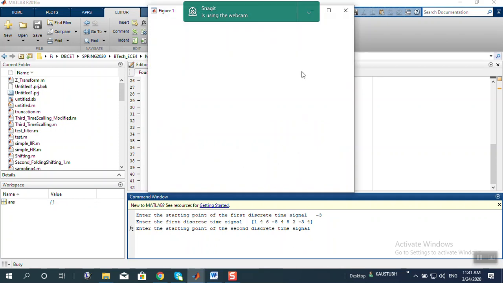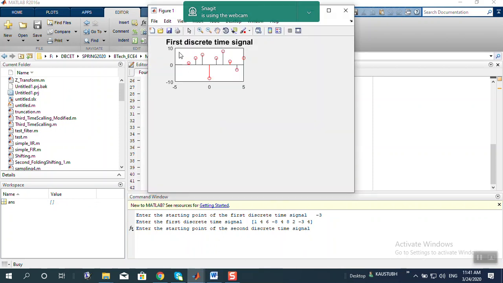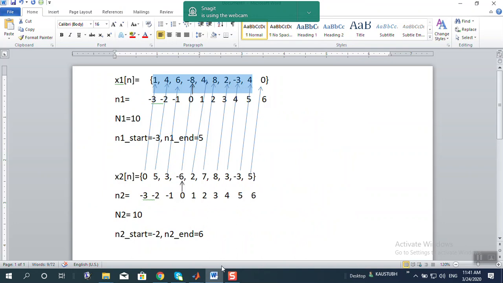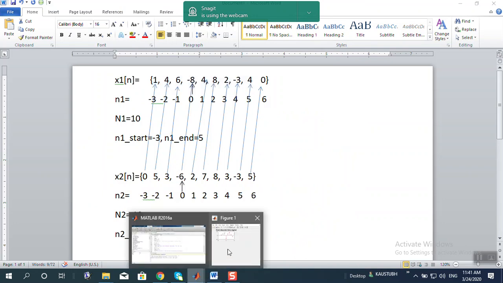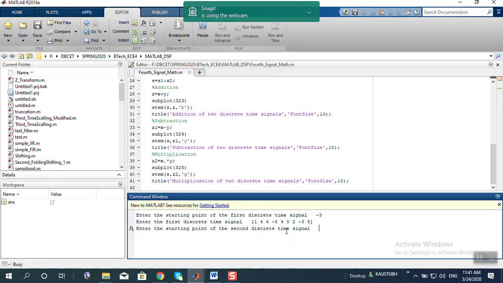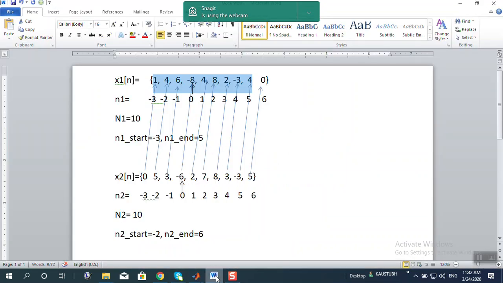As you can see, the first signal gets plotted here. Now enter the starting point of the second signal. My second signal here starts at minus 2. So I'm giving minus 2 here, and the signal values I am putting like this.